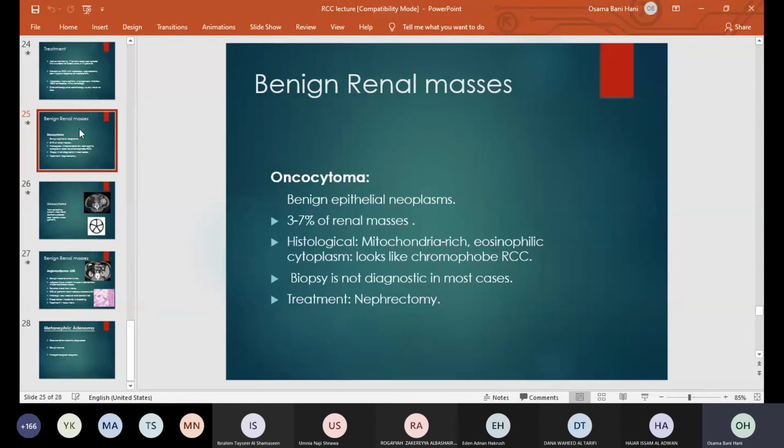So mostly it's a histological diagnosis, but sometimes we get lucky and it's in our differential diagnosis and we can say that this is oncocytoma.